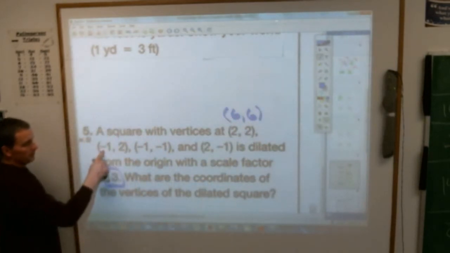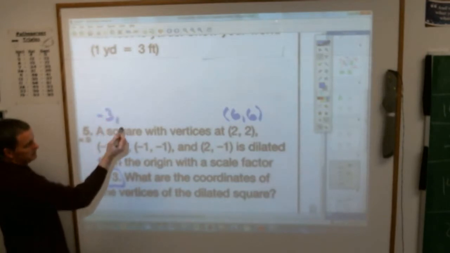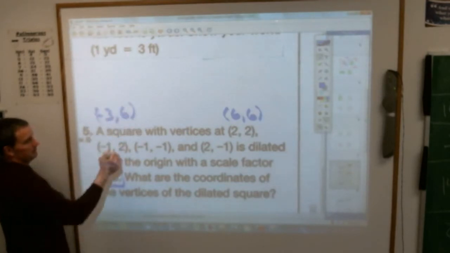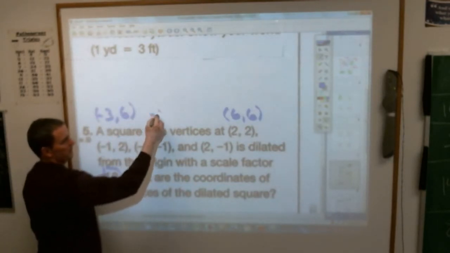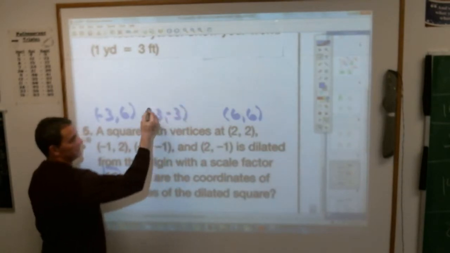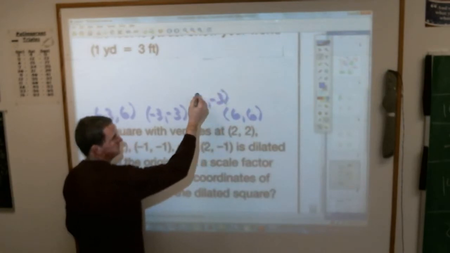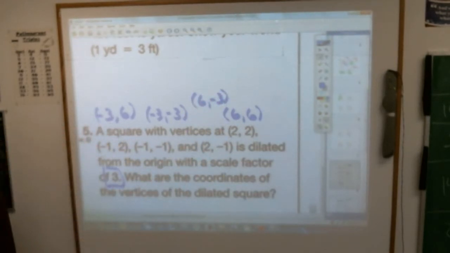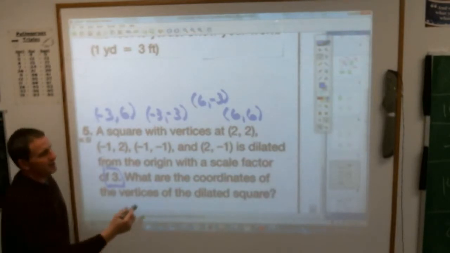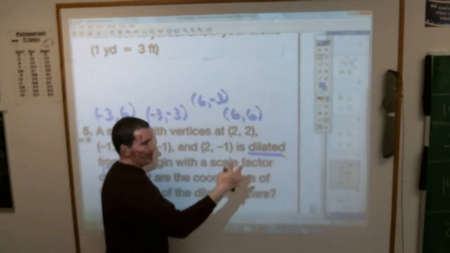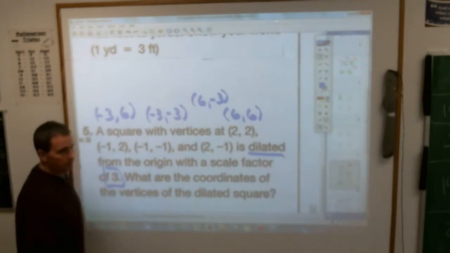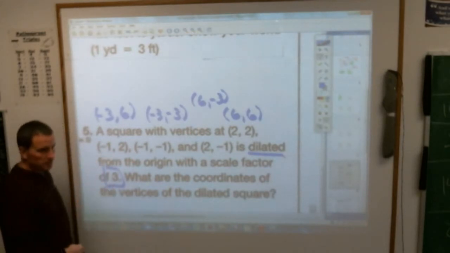Multiply both of these by 3, you're going to get negative 3, 6. Multiply these both by 3, you get negative 3, negative 3. And multiply these by 3, you get 6, negative 3. Don't have to even draw it out. It didn't say draw the square. The word dilated means expands, gets bigger by a factor of. Contract means it gets smaller. Rotate. Does that help, Ava?